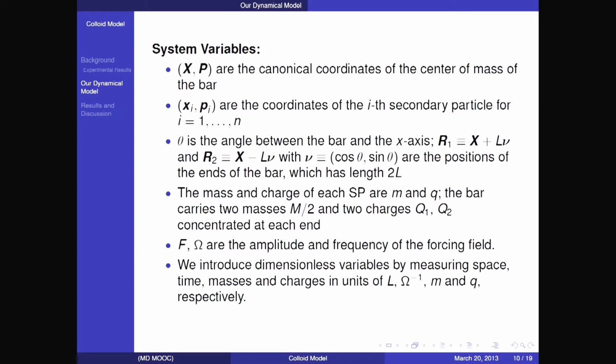And so the way we do that is through this angle, which we call theta. And also, based on that angle, we can specify the two ends of the rod, which are R1 and R2. And R1 and R2 are related to the center of mass position through the simple relationship. So this corresponds to a rod which has a length of 2L.